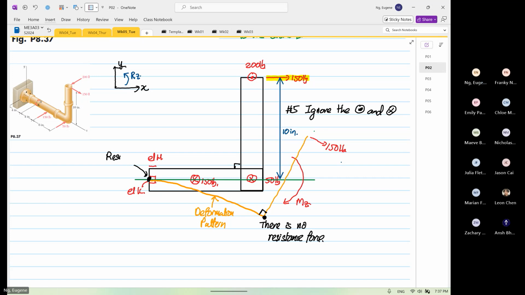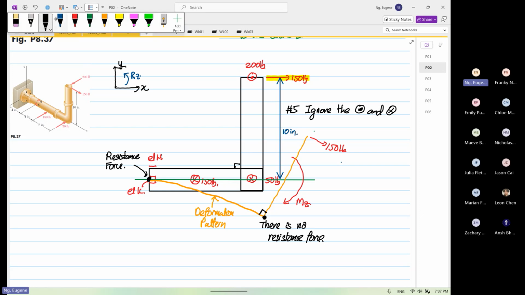Resistance. Okay, there's a resistance force. So that's why you see a deformation pattern along the green axis, okay? But the vertical structure did not bend at all, because at that junction over there, at the dot that I've drawn, right, is allowed to what? Deform, right?